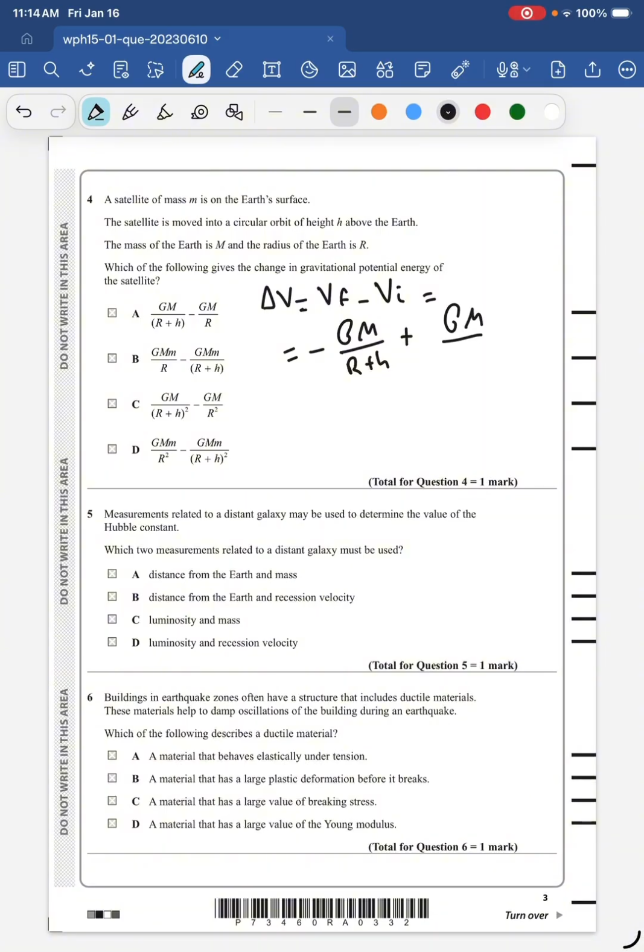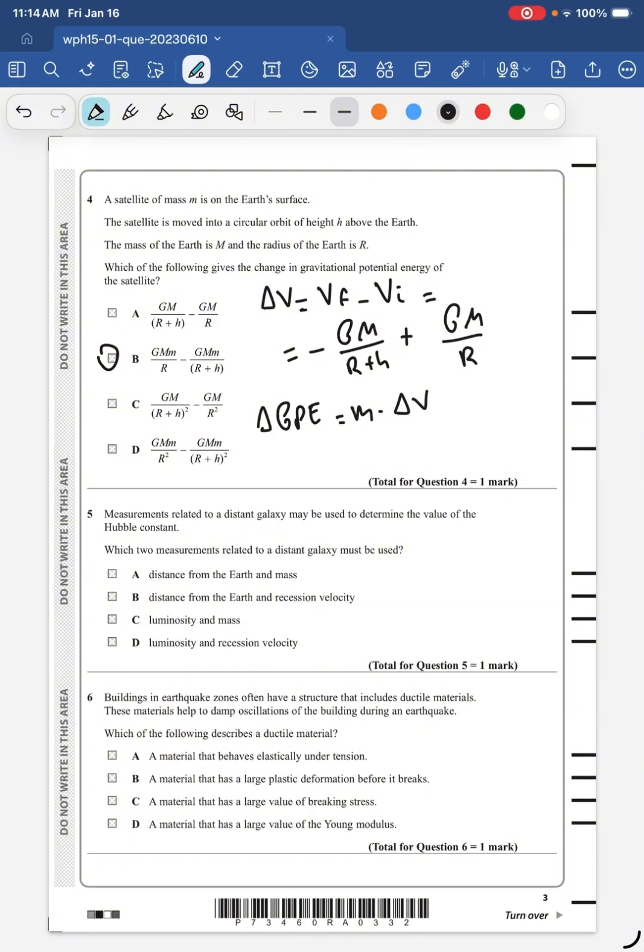Minus of minus gives you plus GM over r. So the difference in the gravitational potential energy will be m times delta V, where m is the mass of the satellite. So the correct answer is B.